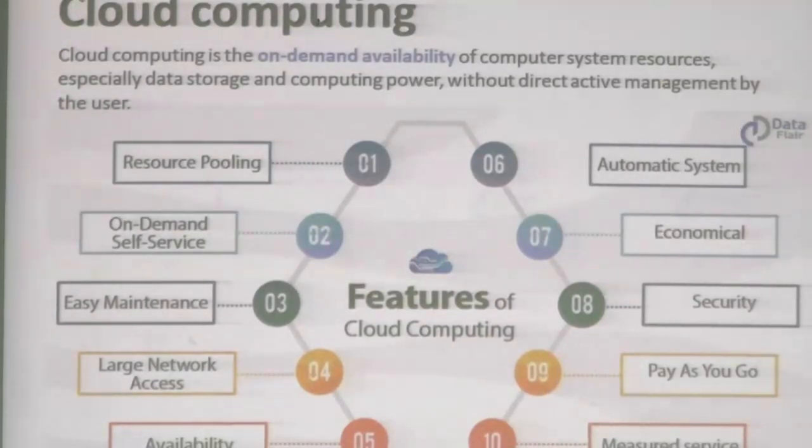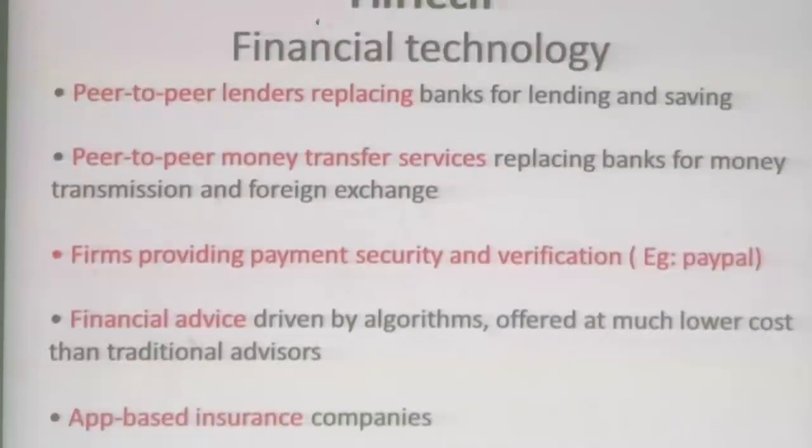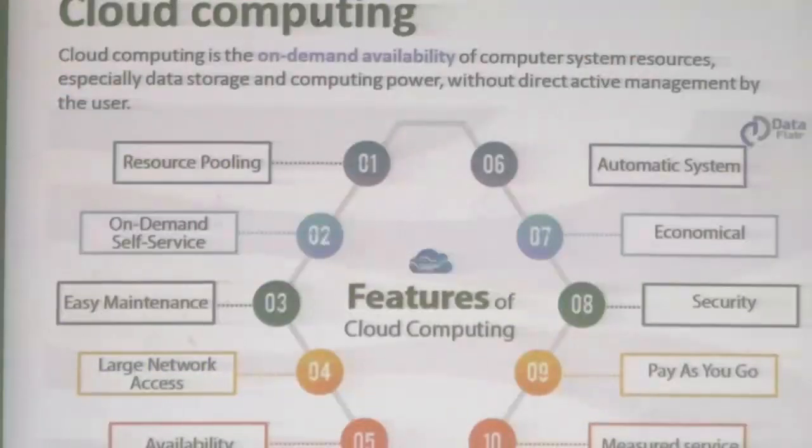And automatic systems: the automatic processes are there, so everything is automated in the cloud system. In cloud systems, normally, for example Google Drive and also Microsoft Exchange, Microsoft has established their cloud environment.